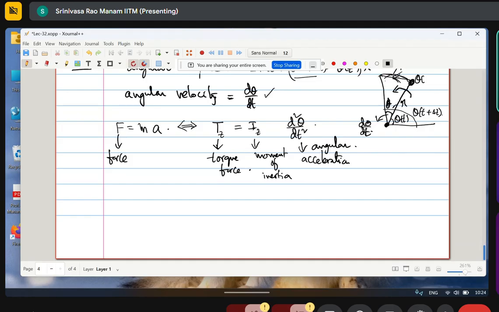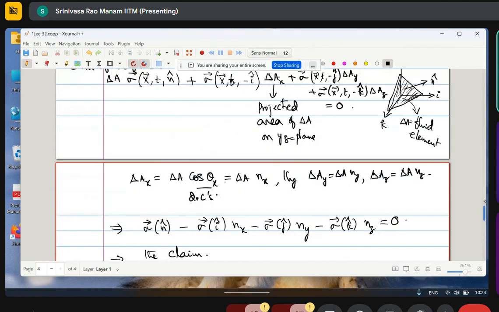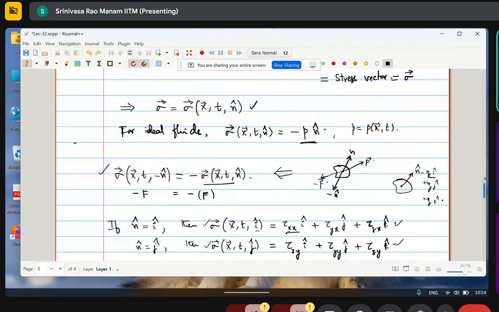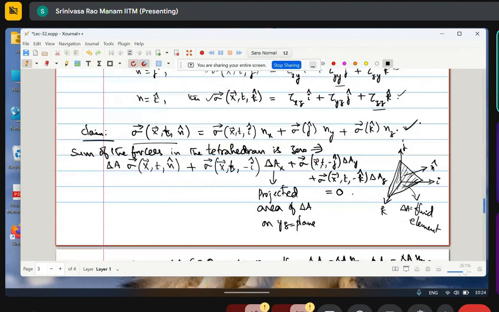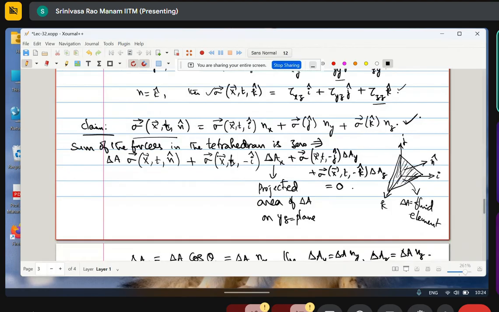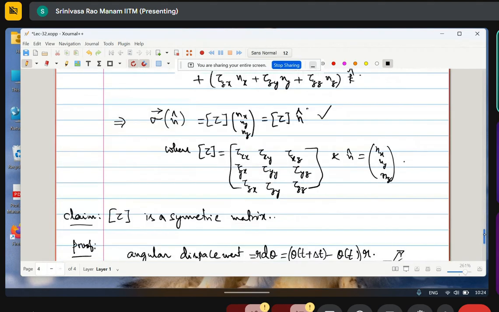So now what is the fluid element that you are considering here in this case? Not always, but I'm considering here a square. Sometime back, just to show that claim, we considered a small fluid element delta A as a triangular element.